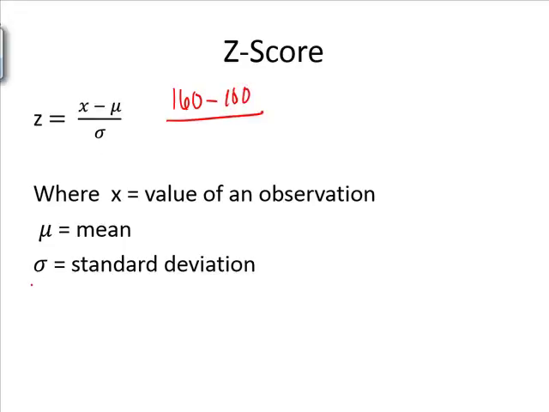Divided by the standard deviation. Crap. Because I didn't give you that in the previous slide, did I? Here's the thing. It changes with every data set. 9 times out of 10, when you're given a question on a test or a homework, you're given the standard deviation.